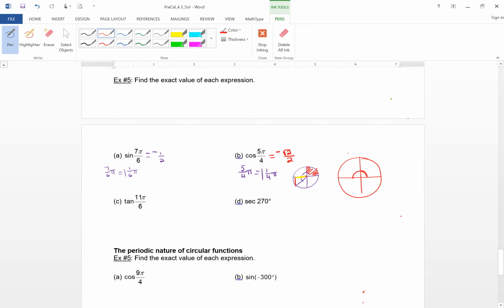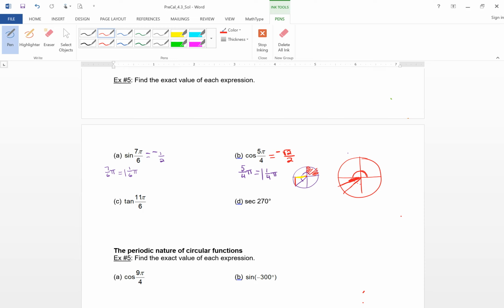Now I have to go 1 more quarter. If this whole thing is half a pi, 1/4 is half of it. But then what about 1/6? 1/6 is a very tiny sliver. So 1/6 is right there. That's 1/6. If you have to go 1/6, you go just past the axis.